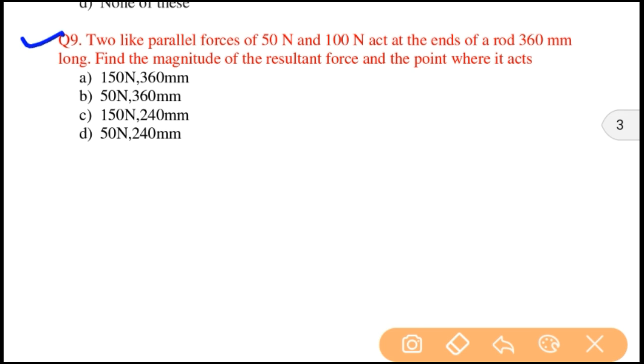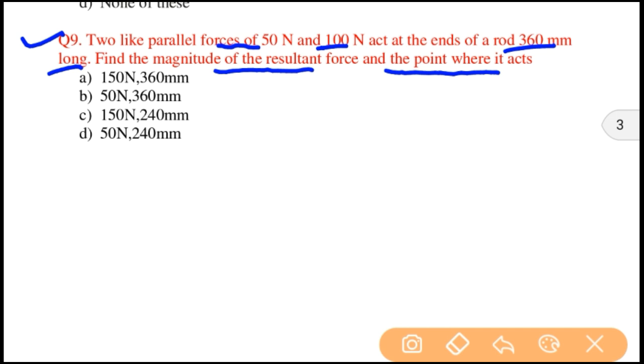In the next question, two like parallel forces of 50 Newton and 100 Newton act at the ends of a rod 360 mm long. Find the magnitude of the resultant force and the point where it acts.